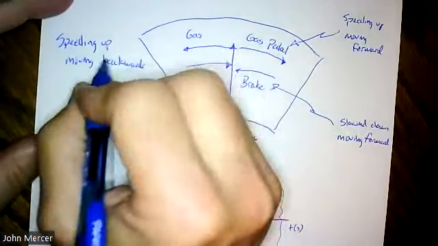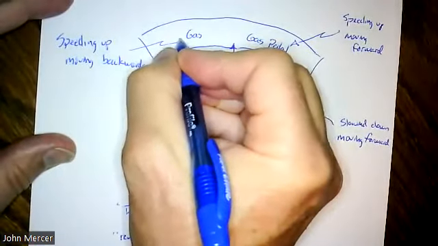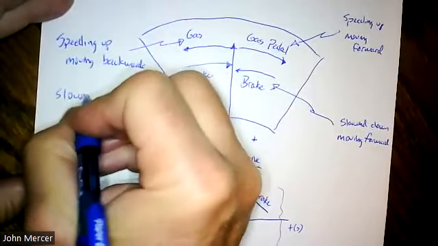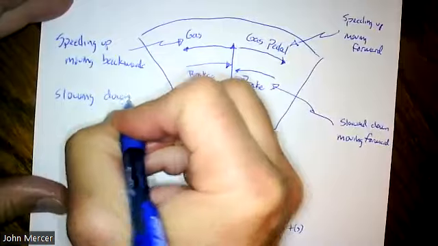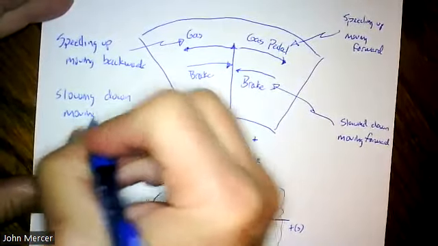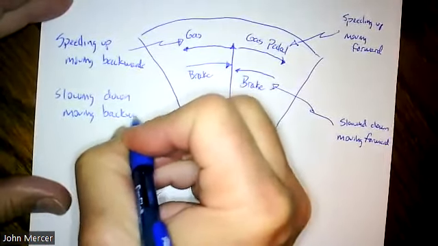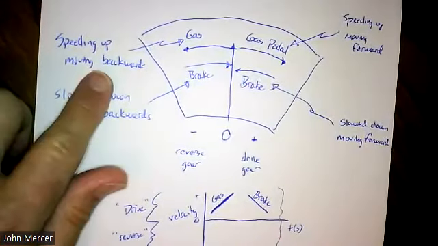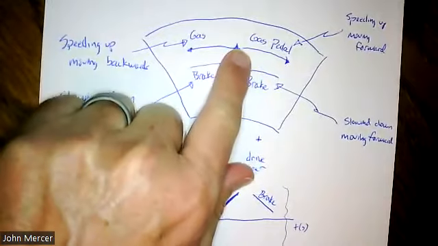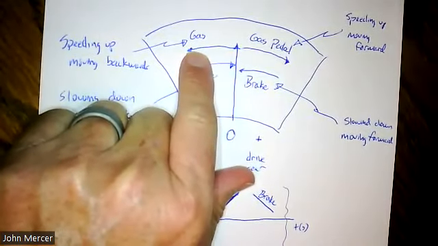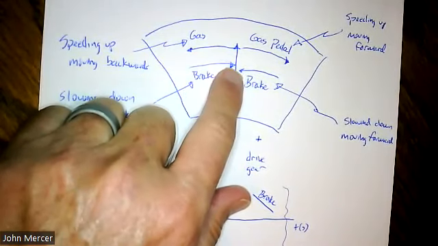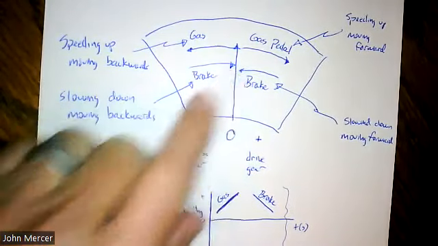And that's this region right here, this situation. And then I'm slowing down, moving backwards in this region here. Speeding up, moving backwards, pressing on the gas pedal, getting faster and faster and faster going backwards. I hit the brake, I get slower and slower and slower, but I'm still moving backwards.